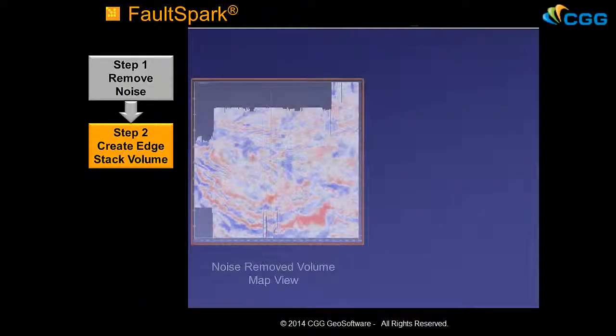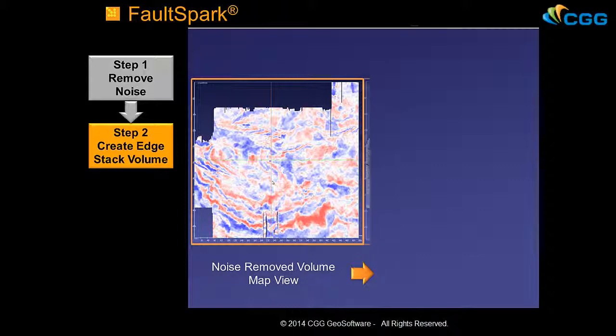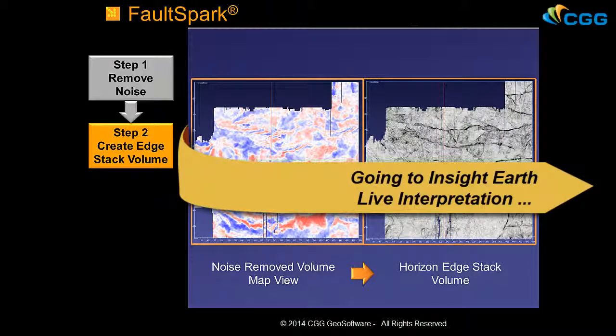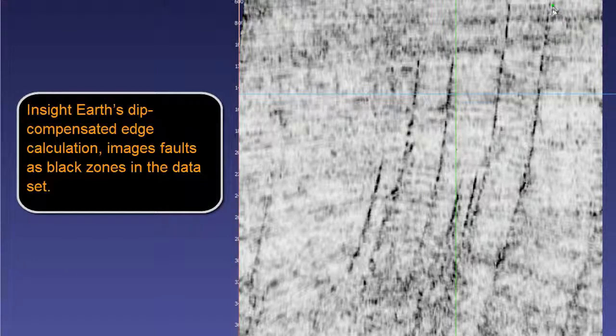In Step 2, we will use the noise removed volume to create an edge stack volume, InsightEarth's coherency attribute volume. Now let's go to an InsightEarth live interpretation and create the horizon edge stack attribute volume. Here we see the horizon edge stack volume. InsightEarth's dip compensated edge calculation images faults as black zones in the dataset.